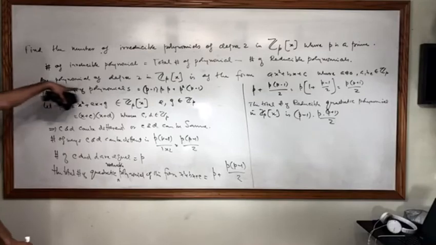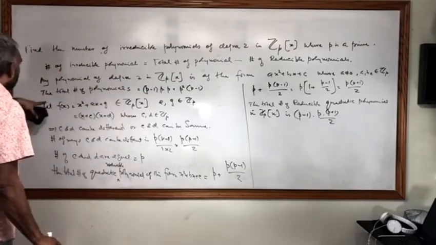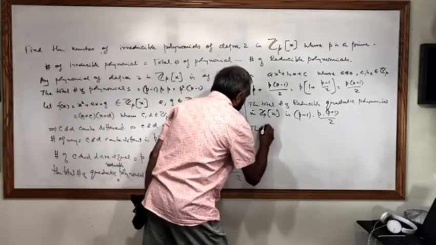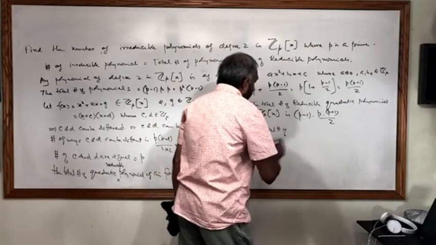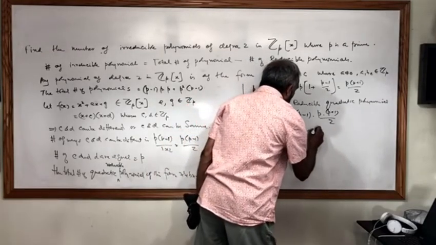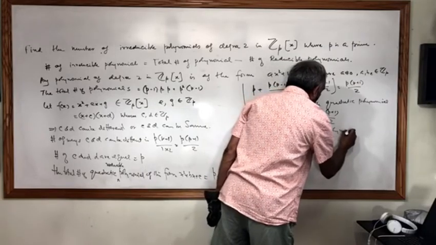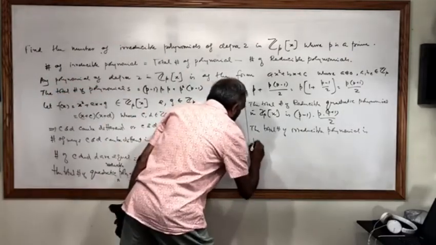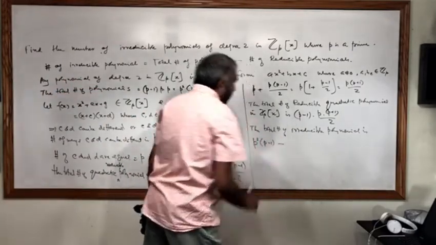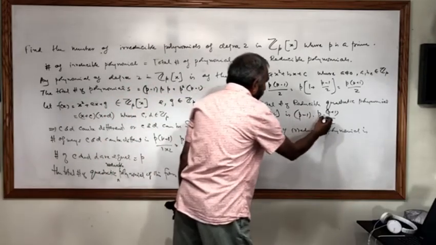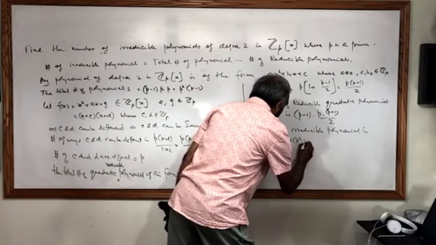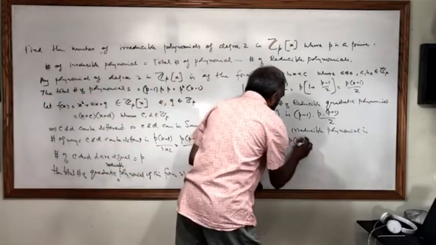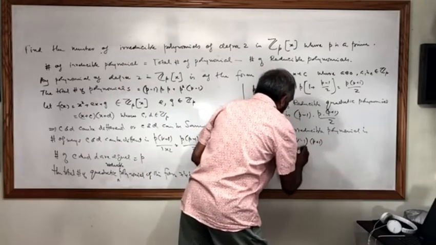So the total number of polynomials is what? The total number of polynomials is p square times (p minus 1). So the total number of irreducible polynomials is p square times (p minus 1) minus p times (p square minus 1) by 2, or you can say (p minus 1) times (p plus 1).